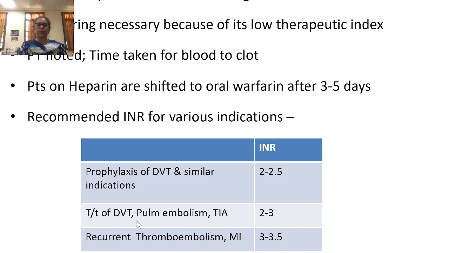For the treatment of deep vein thrombosis, pulmonary embolism, transient ischemic attack, it is to be maintained between 2 to 3, and for recurrent thromboembolism and myocardial infarction, this has to be maintained between 3 to 3.5 units.